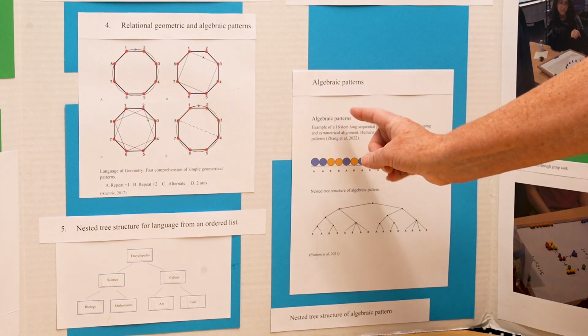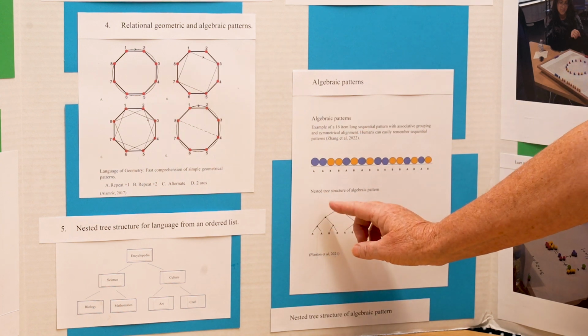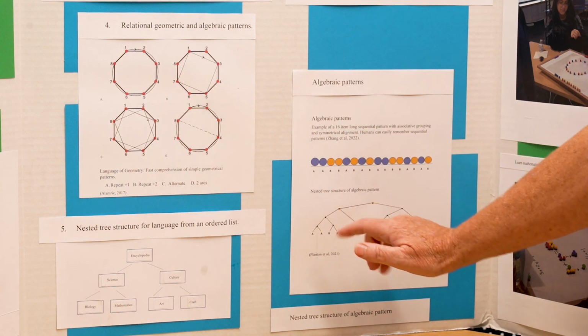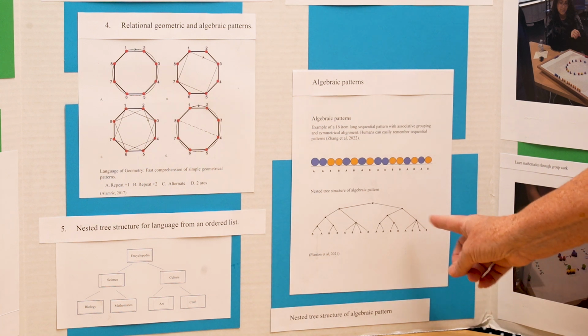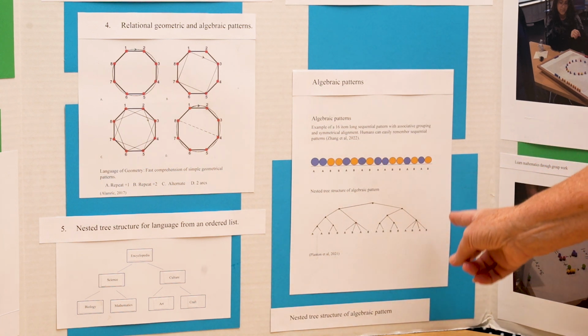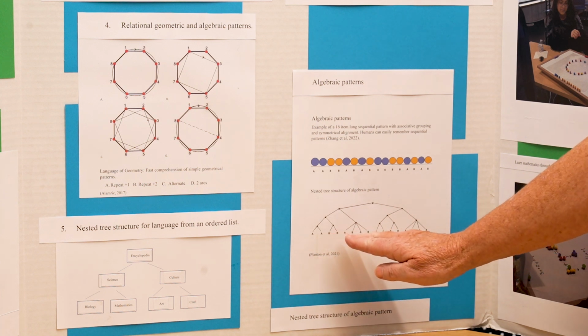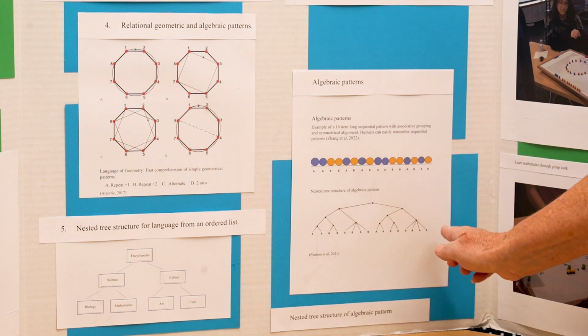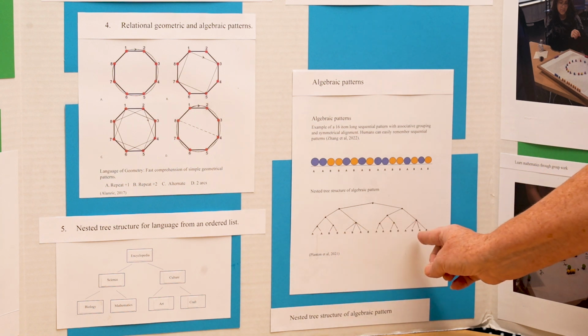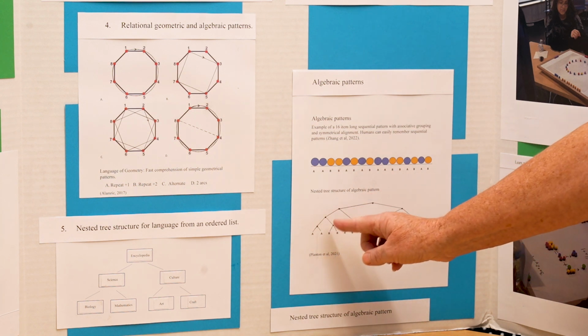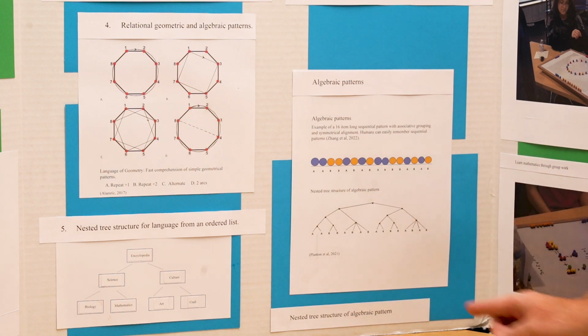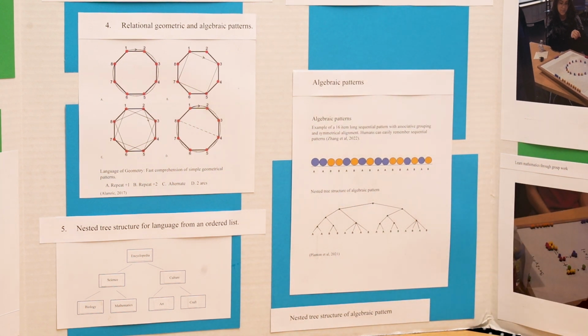From this algebraic pattern, we can derive what is known as a nested tree structure of algebraic patterns. So the same pattern that we see here can be drawn in this manner, showing each relation of each element to the next level and up until the final umbrella element, patterning all of the elements.